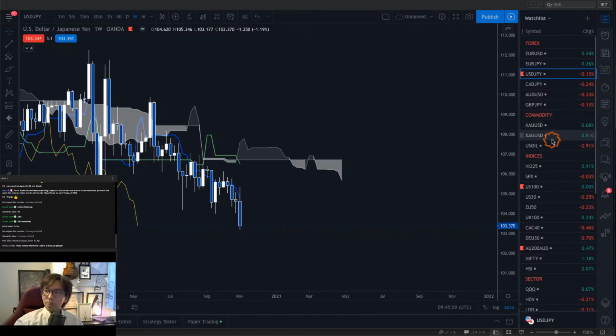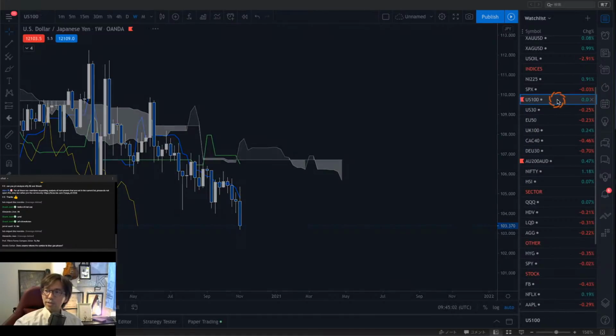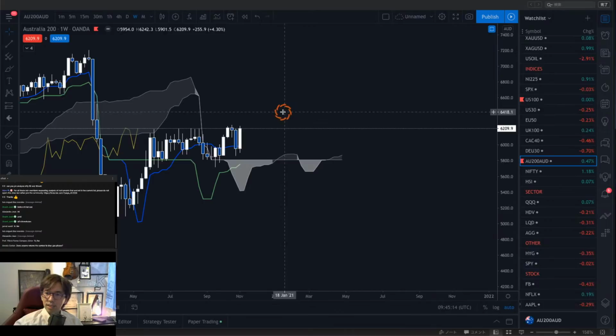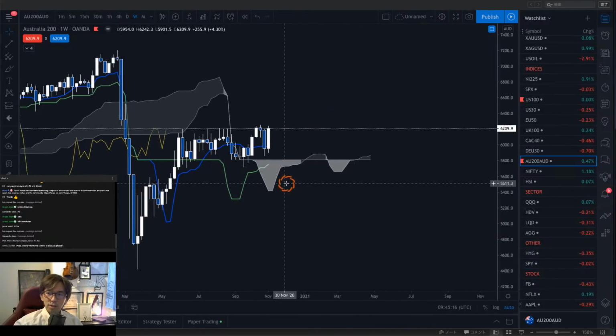And also the Dow Jones and Nasdaq are nicely uptrending, so this is a good one to look for the buy chance next week. And also AU 200, Australia 200, also looks to be bullish.